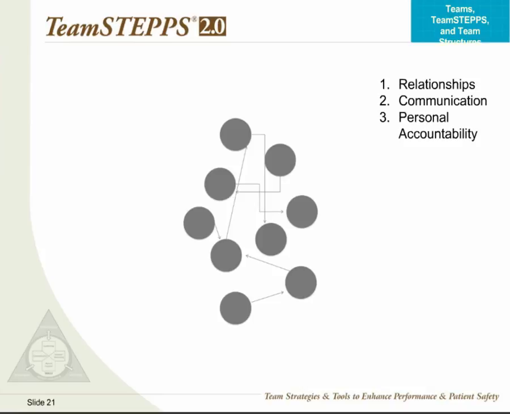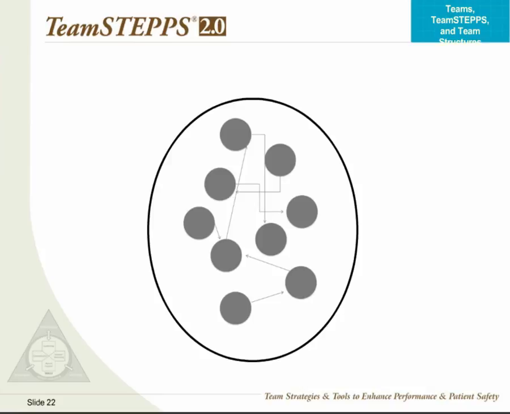So in this case, that shared common goal that we found in the TeamSTEPPS definition becomes really critical. It becomes the container, if you will, in which this entire team has been held. Rather than just one person holding on to those goals or that vision, it is now known and held by everybody else.